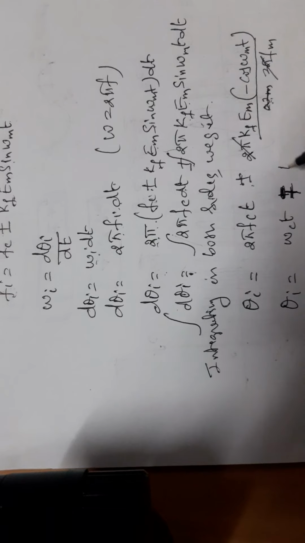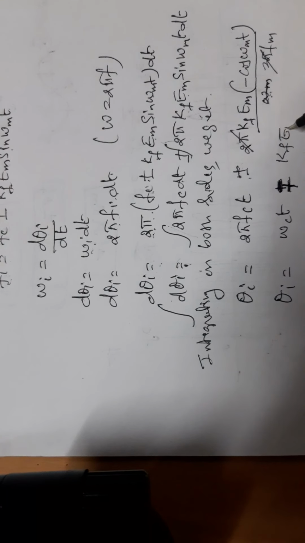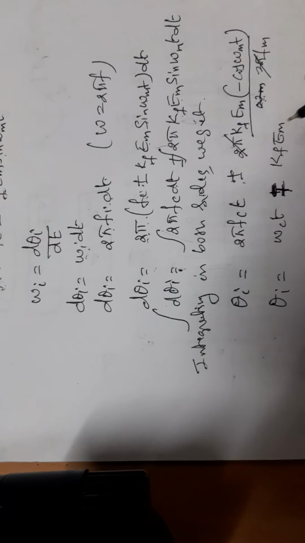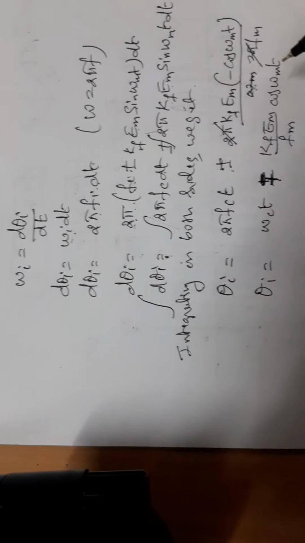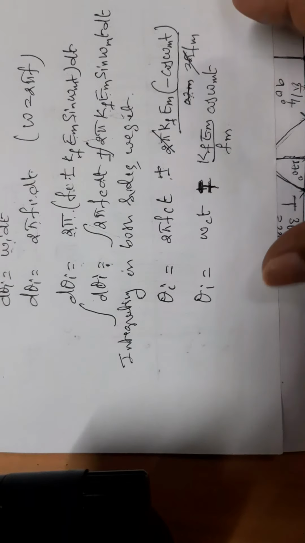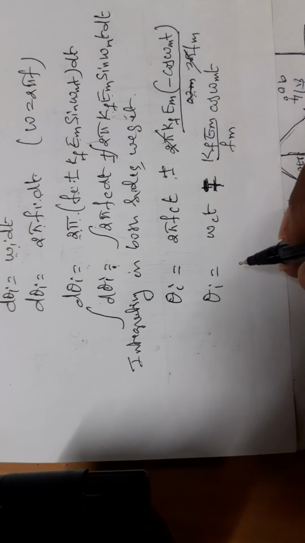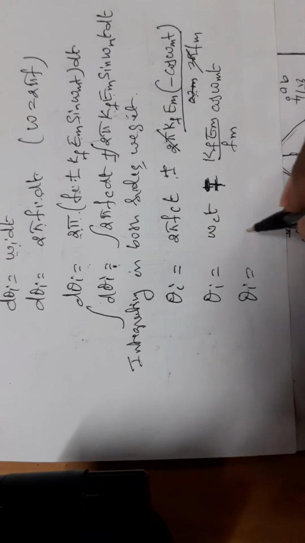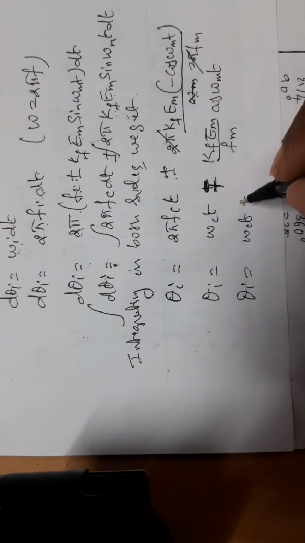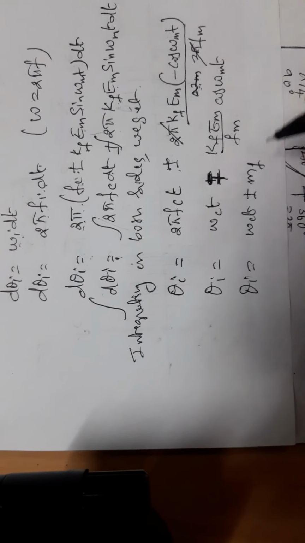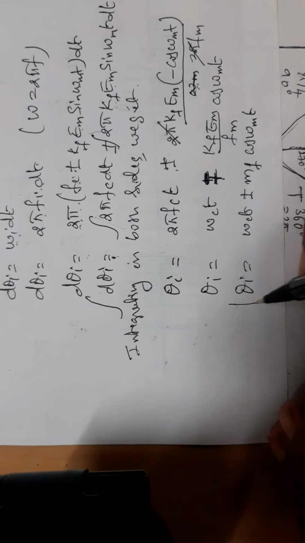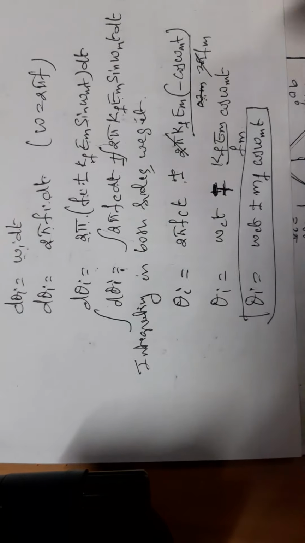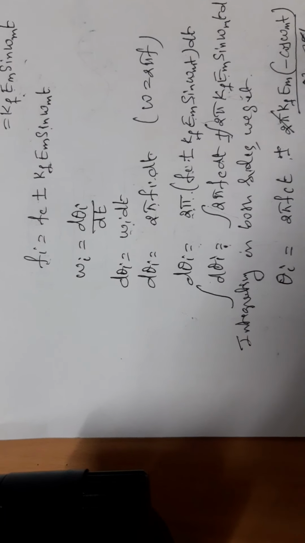You get kf em divided by fm into cos of omega mt. Now in general, I will write this as theta i is equal to omega ct plus or minus mf into cos of omega mt. Call this equation 4.